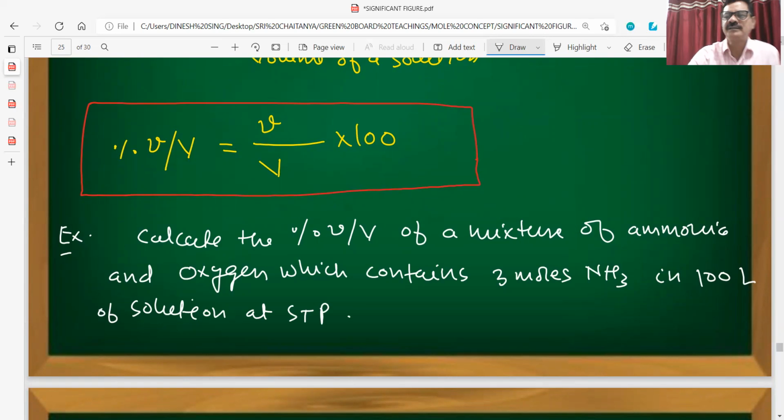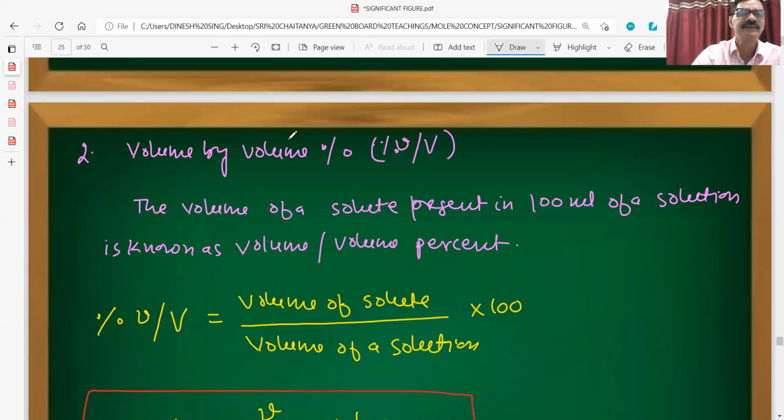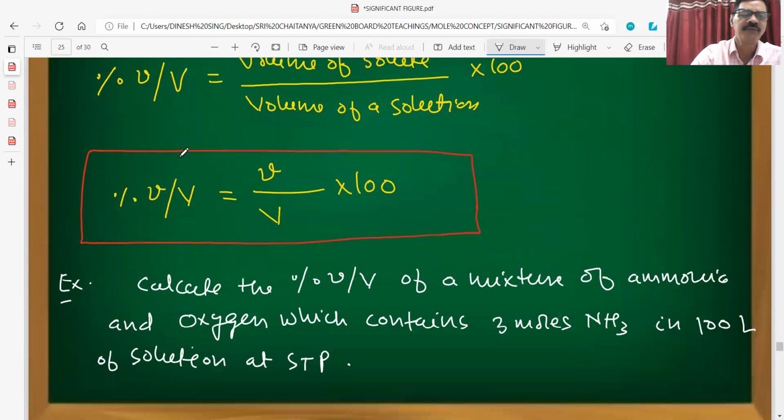And as per our definition, we have already seen that volume by volume percent is the volume of a solute present in 100 ml of a solution, and we have also made one formula here. So what we have to calculate is the percent volume by volume of a mixture of ammonia and oxygen gas, which contains 3 moles NH3 in 1000 liter of solution at STP.